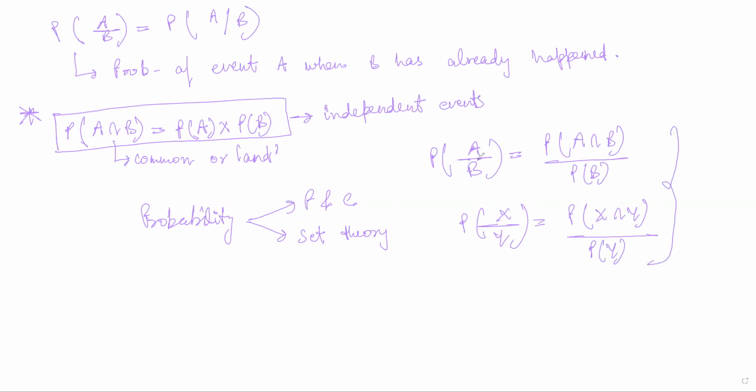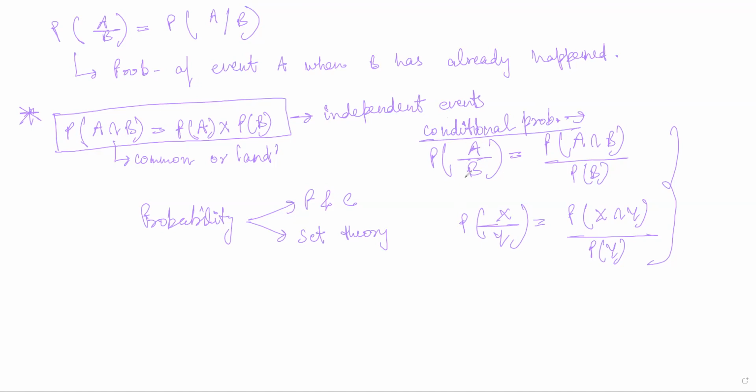Now we know what are dependent and independent events, and we also know the conditional probability. Conditional probability says what is the probability of an event happening after a certain event has already happened.